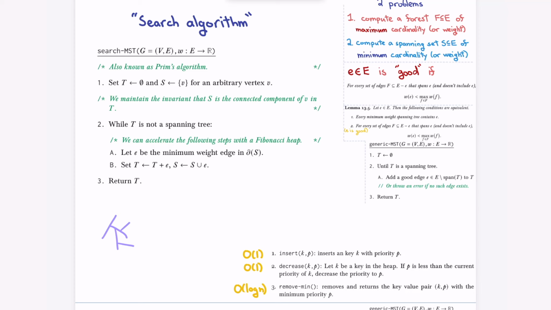So what do we insert in the heap? Remember, you can decrease priorities and stuff. Okay, so you have some tree, and then you have all these other vertices that you haven't visited yet. Some of these vertices have edges that you could take, drawn as dashed lines.